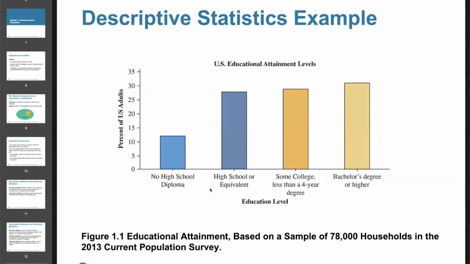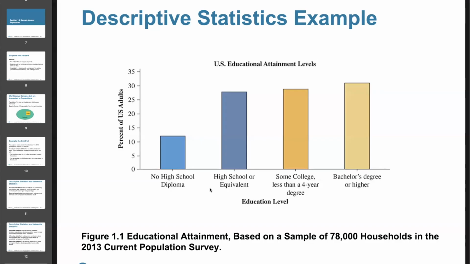Some college less than a 4-year degree is about 29%. High school or equivalent is about 28%. And no high school diploma is about 13%.